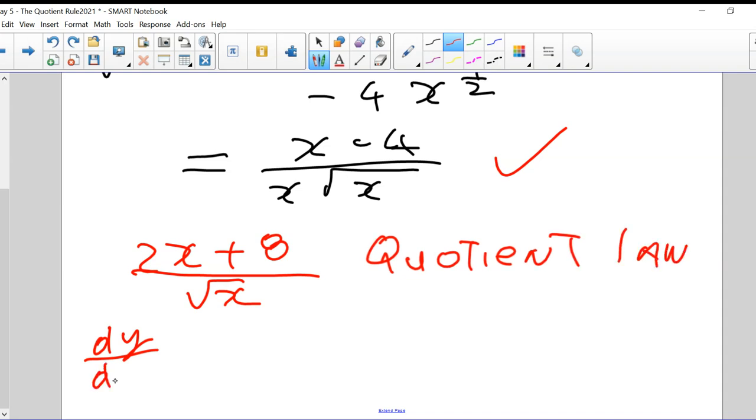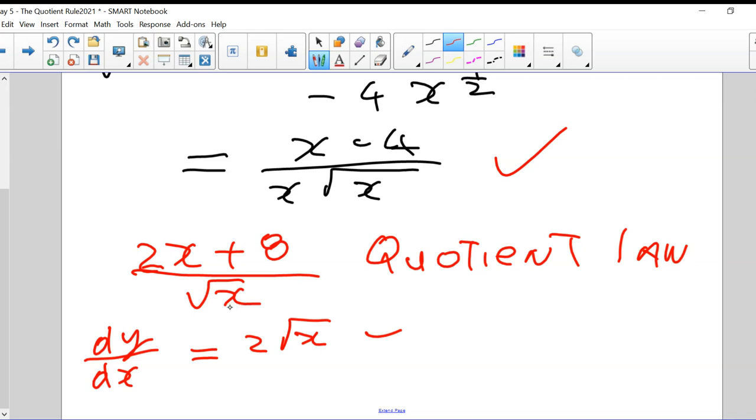Okay, so dy/dx is equal to the top differentiated, which is simply 2 times the square root of x, minus, excuse me, and of course, I'm differentiating 2x plus 8 to get 2, and I'm multiplying that by the undifferentiated denominator. I'm going to subtract from that.